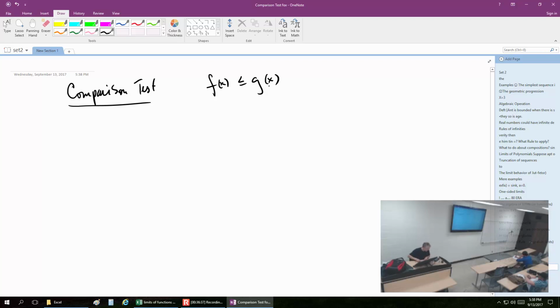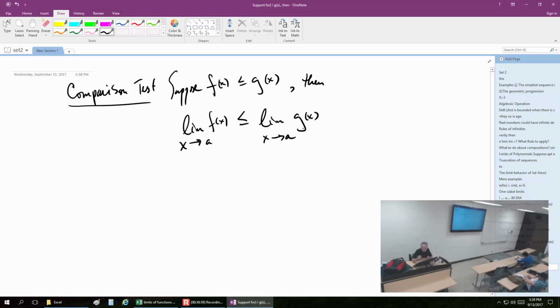Okay, and then, suppose their limits have the same inequality between them. Okay?